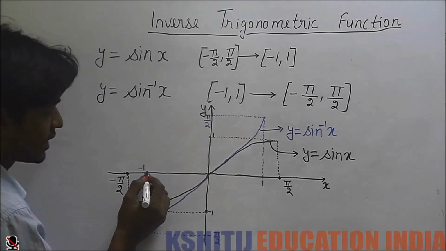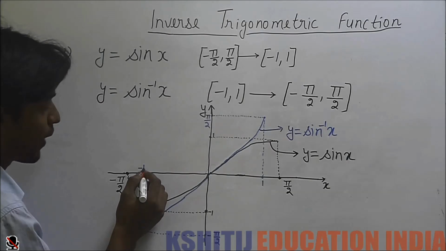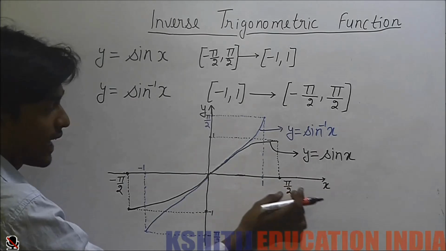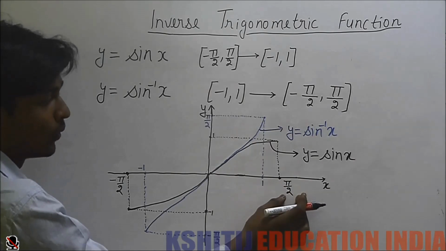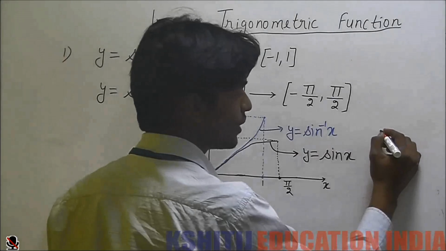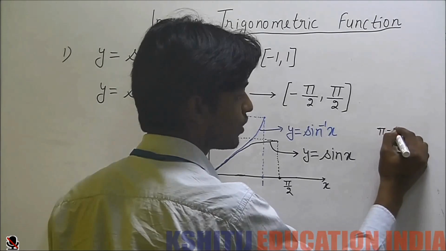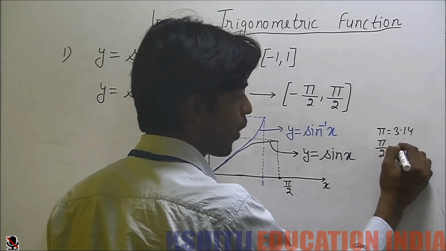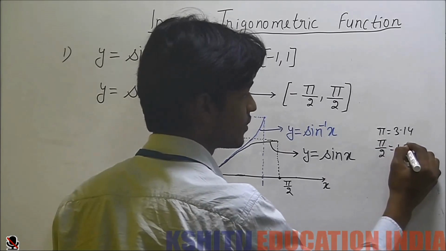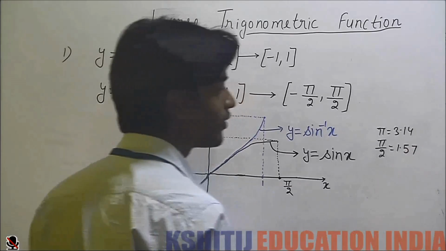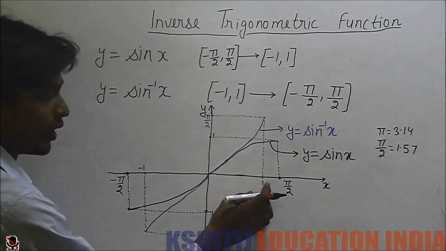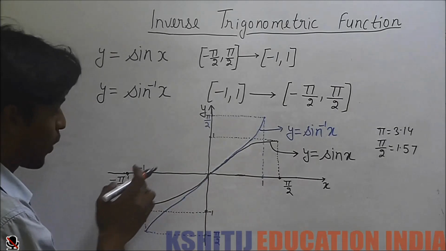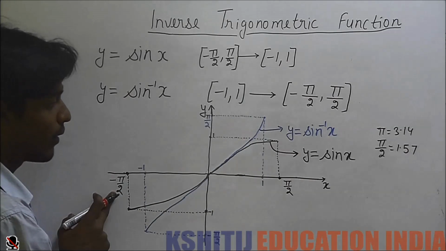So we plot minus 1 and 1 on the x-axis, which are less than pi by 2, because pi is equal to 3.14 and pi by 2 is equal to 1.57. So the value 1 is less than pi by 2 and minus 1 is greater than minus pi by 2.